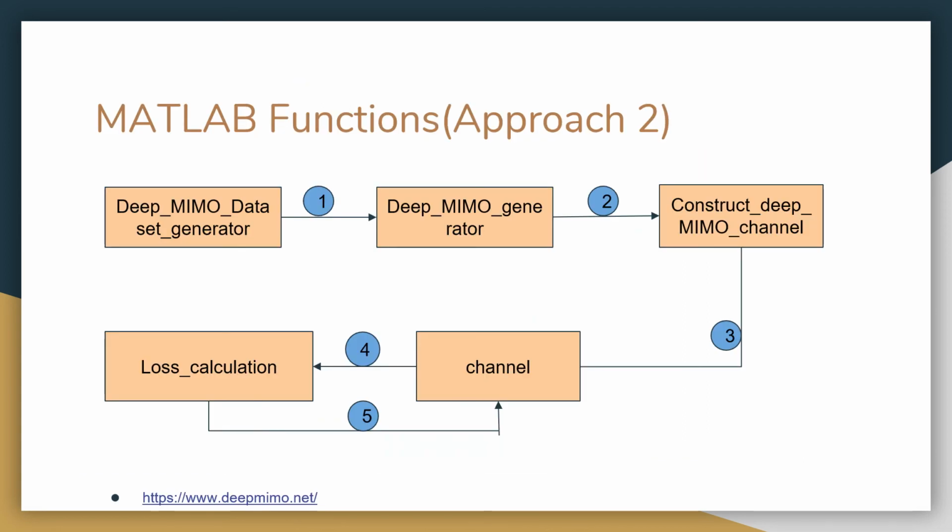Here are the functions used for approach 2. First, the DeepMIMO dataset generator, where we mention which base station we are considering, the number of users, the number of antennas, etc. The DeepMIMO generator function takes the inputs from the previous function and prepares the data to calculate the channel response. The construct DeepMIMO channel function calculates the channel response for each user. To make it simple, we have taken the absolute value of the channel response.